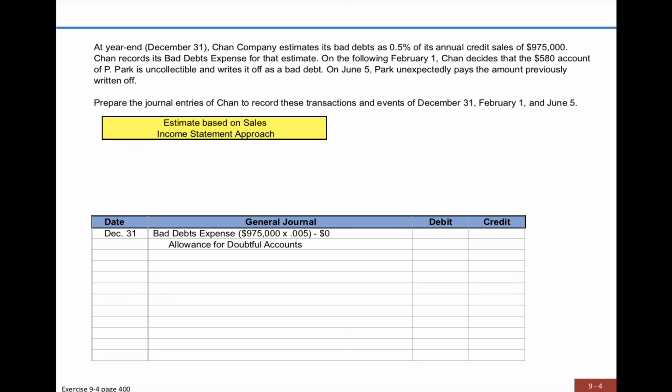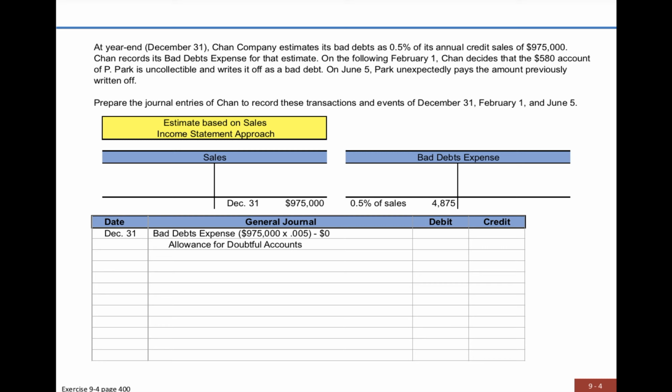So $4,875 would be 0.5% of 975,000. Previously we had 0 in there, so the full amount will be part of bad debt expense. And we have the corresponding credit going to allowance for doubtful accounts.